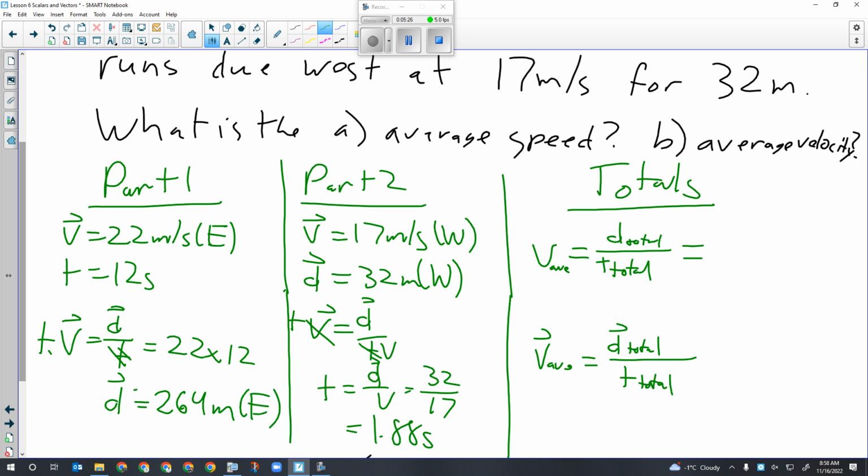So I'm going to take my 264 and add it to my 32. So that's going to be 296 meters, I think. I probably shouldn't do math in my head. And then I've got to do the total time: 12 seconds and 1.88 seconds.